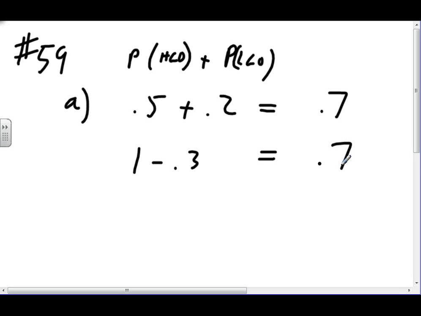I would feel very much more comfortable if my probabilities added up to 1, right? And right now they add up to 1.2.